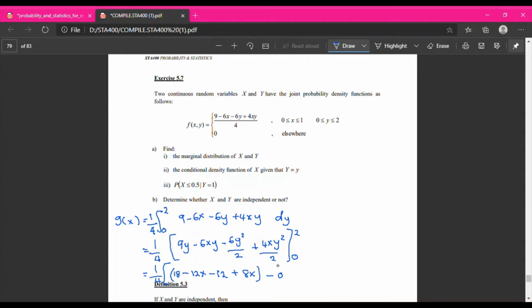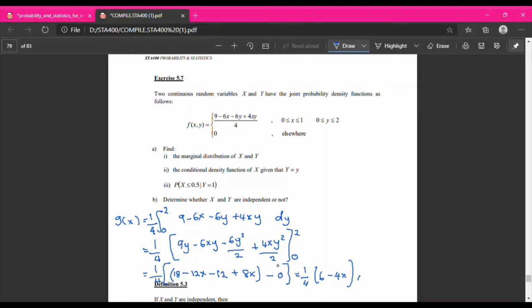So finally you will get 1/4 times 18 minus 12, which is 6, and minus 4x, right?